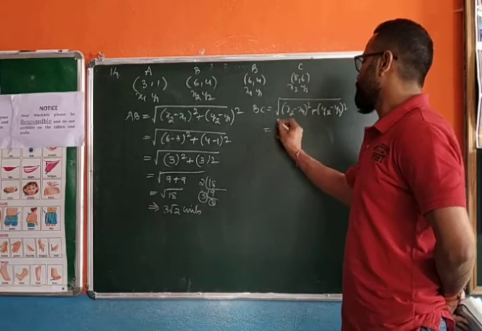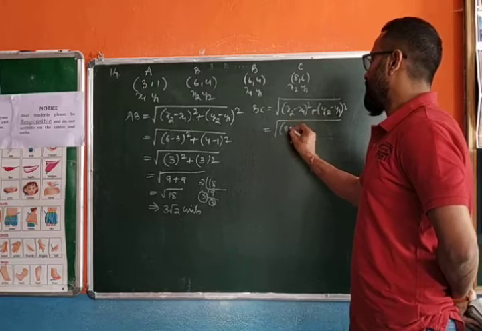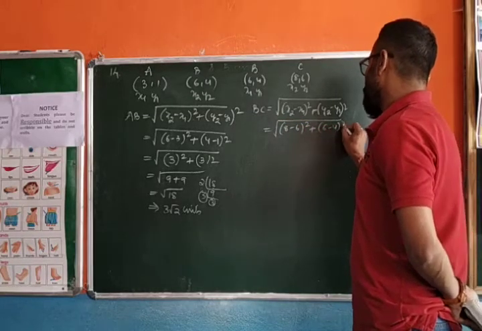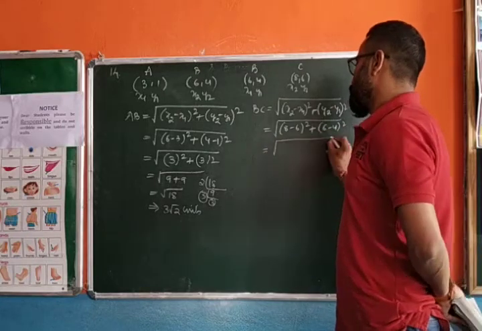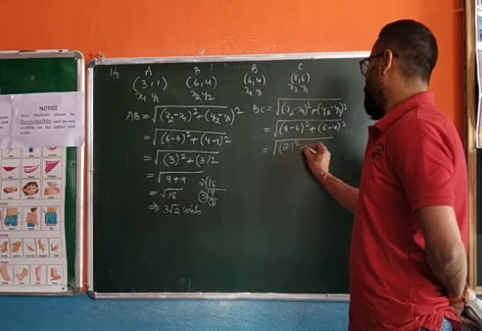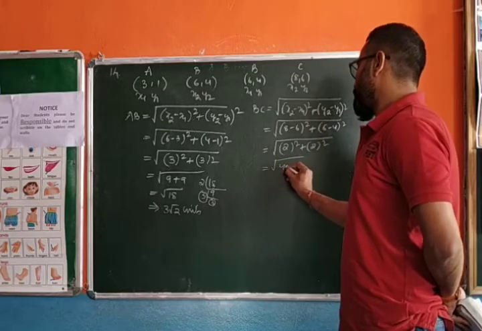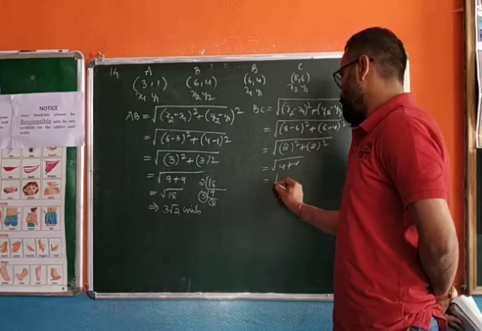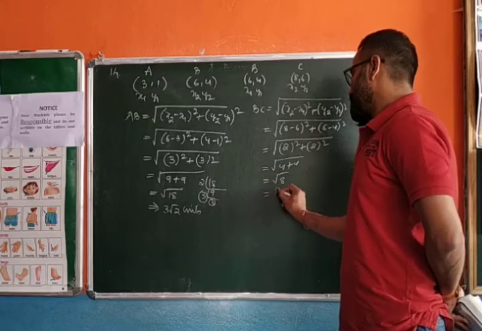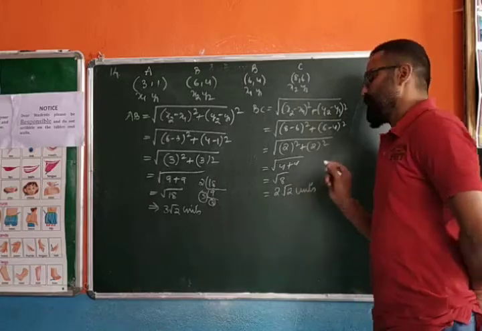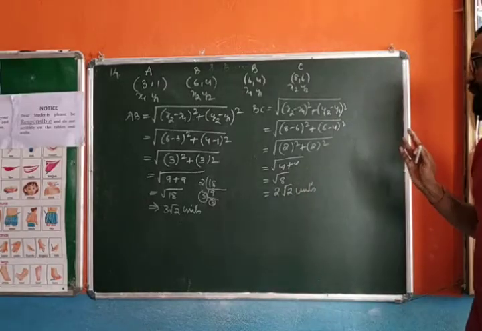Substitution now. It is 8 minus 6 whole square plus 6 minus 4 whole square. It is root 2 square plus 2 square, which is equals to 4 plus 4. You get root 8, and this can be written as 2 root 2 units. We know the distance between B and C.